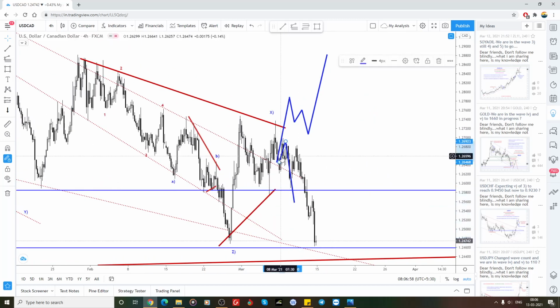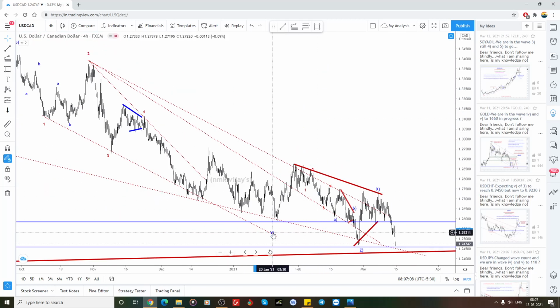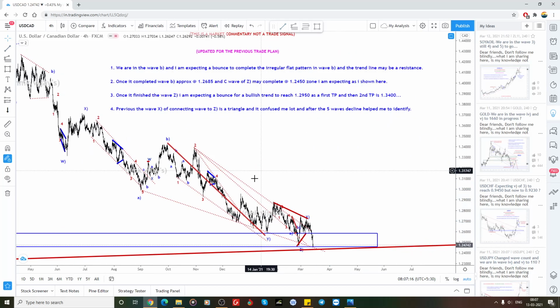So now this is the completion of the A, B, C. So this is the Y wave end. So now this is the third wave.